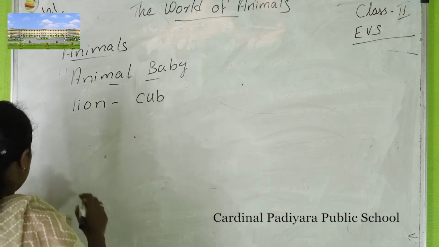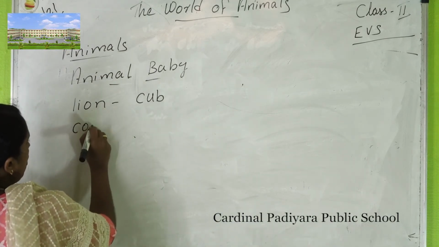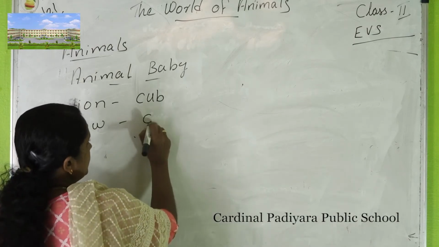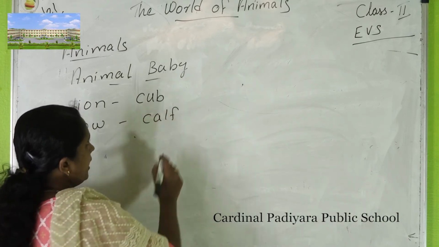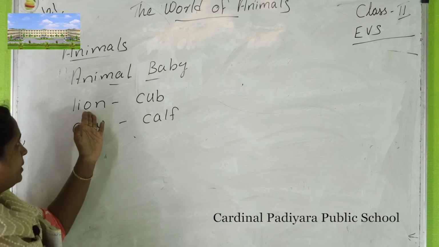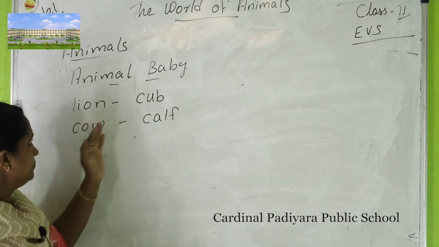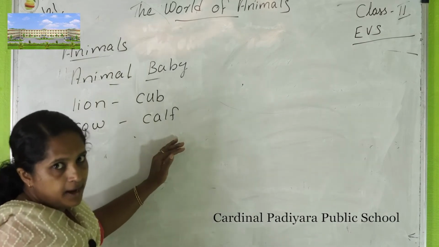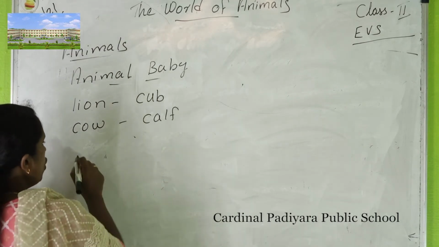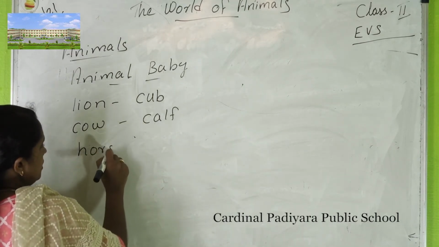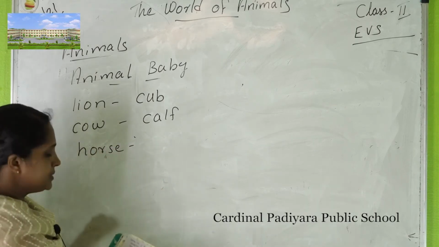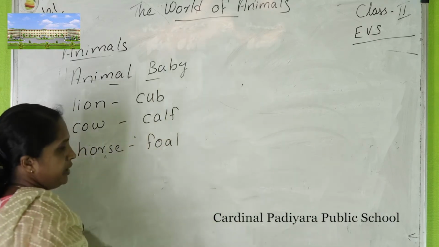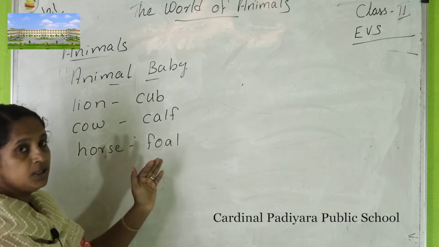Next, the young one of a cow is called a calf, C-A-L-F. Next, horse. The young one of a horse is called a foal, F-O-A-L.